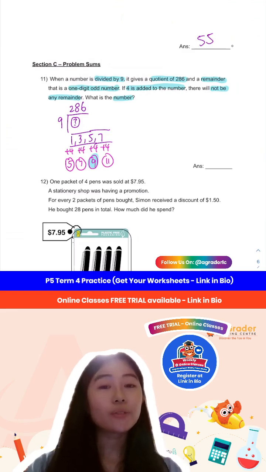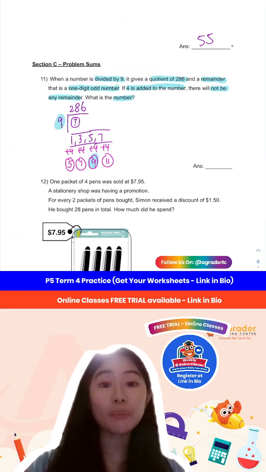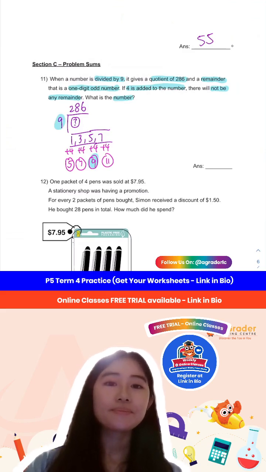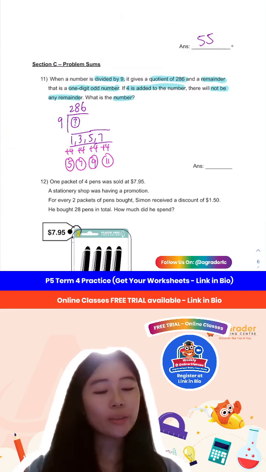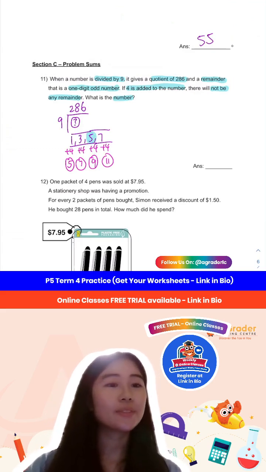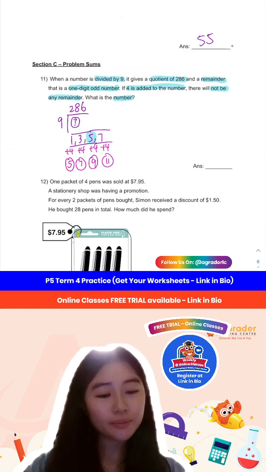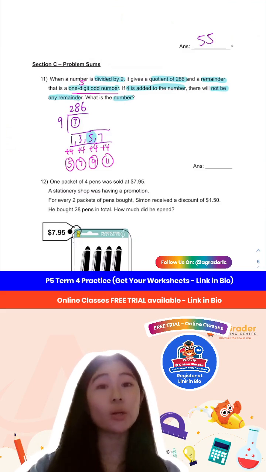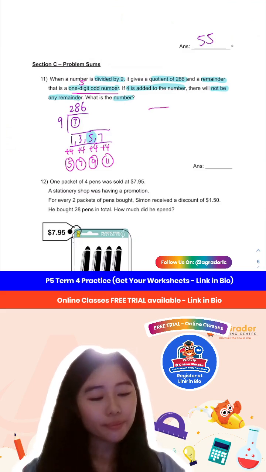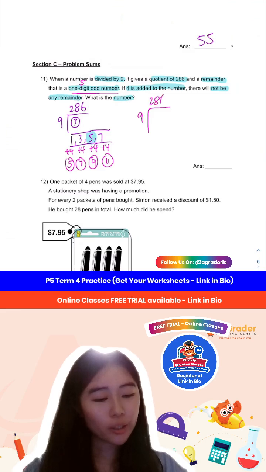If you have 9, then there won't be a remainder because you are dividing by 9. So this means that the correct one-digit odd number is actually 5. Now that you know the one-digit odd number is 5, then it's quite easy already, right? You just need to calculate this.